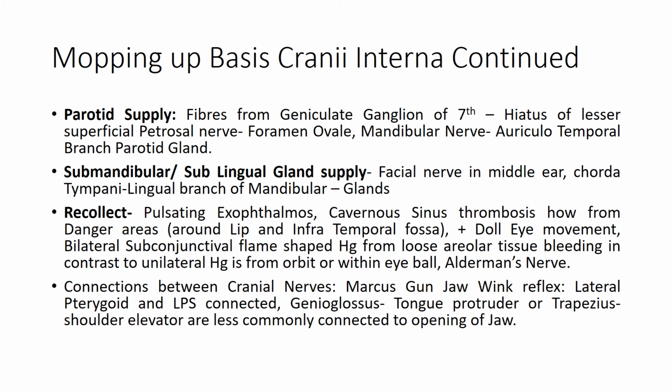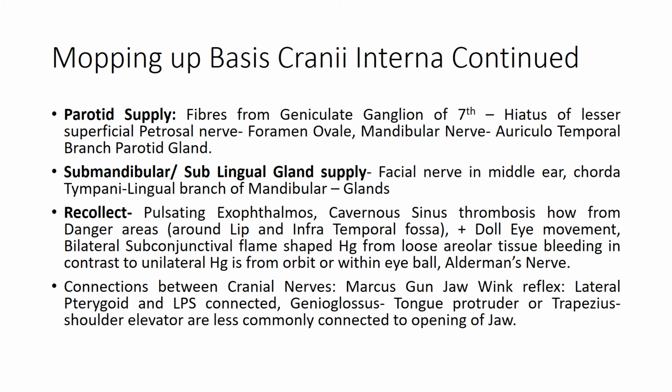Then you have to recollect the anatomy of pulsating exophthalmos, the cavernous sinus thrombosis, how infection travels from danger areas around the lip and infratemporal fossa. You have to remember the doll's eye movement, the canal of Dorello, the bend of Wolf issue.